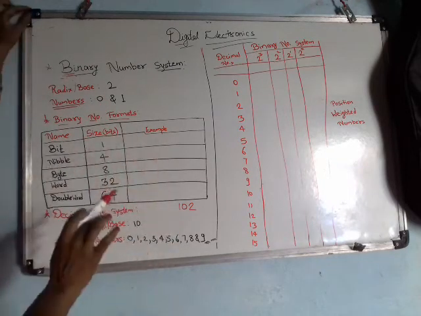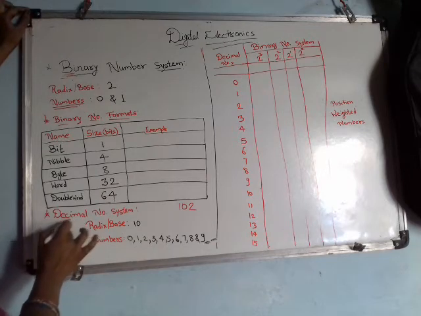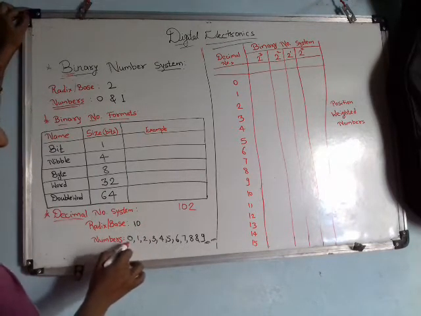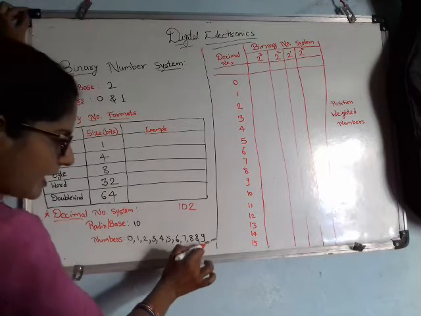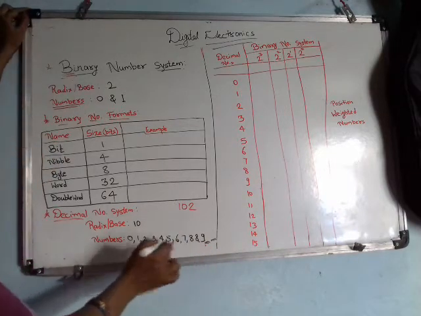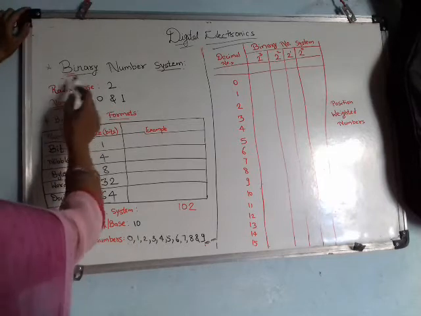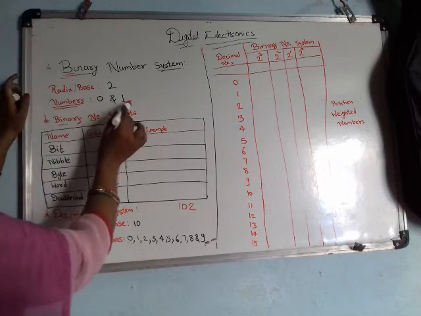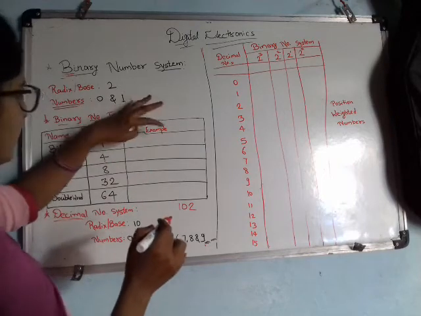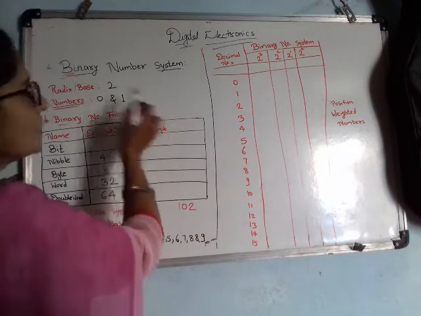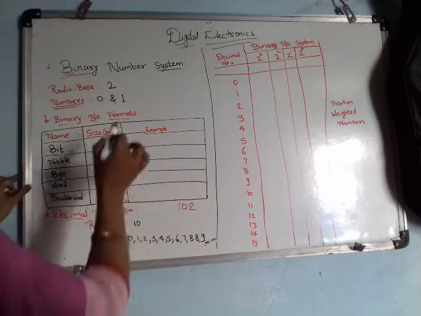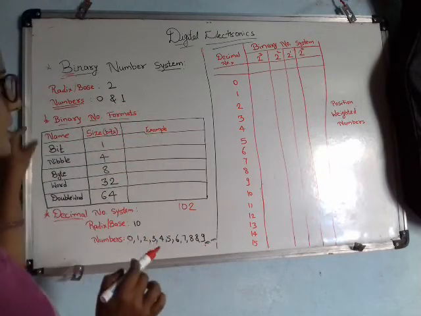In our regular life we use the decimal number system, where the base is 10, the numbers are 0 to 9, and after 9 we use combinations. In the binary number system, there are only two numbers, 0 and 1, so after 1 we have to use combinations of the numbers. We will see how we use these combinations.